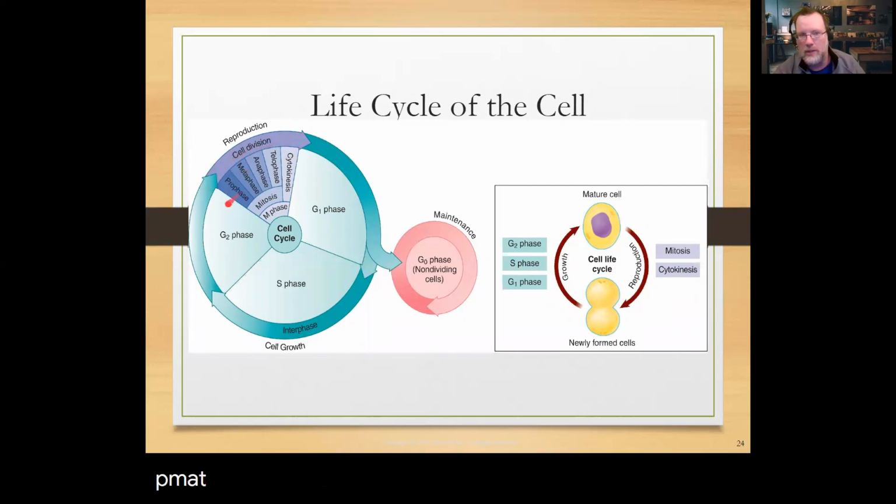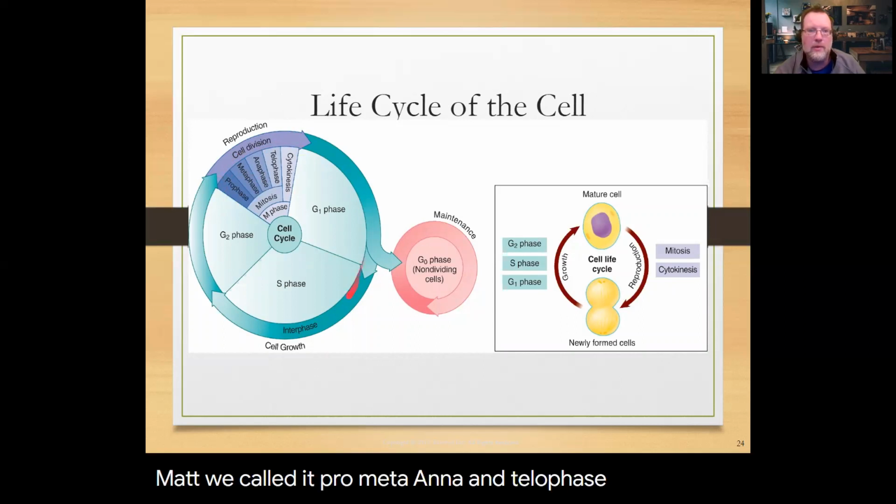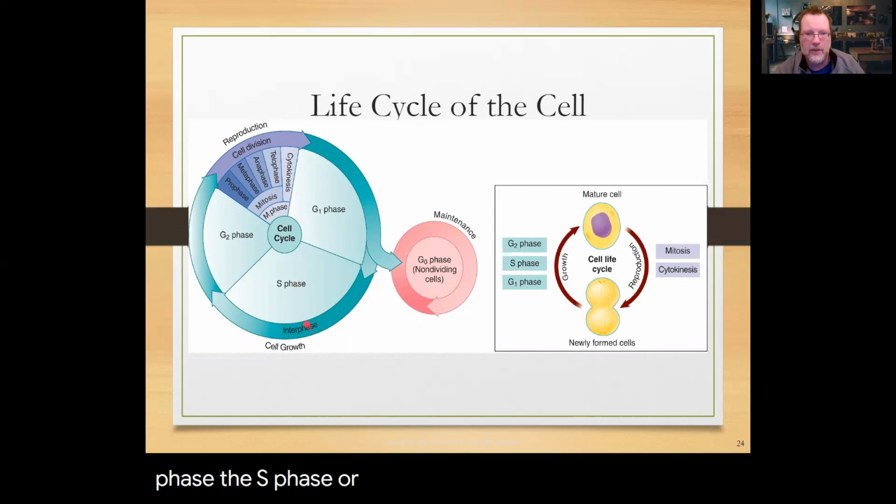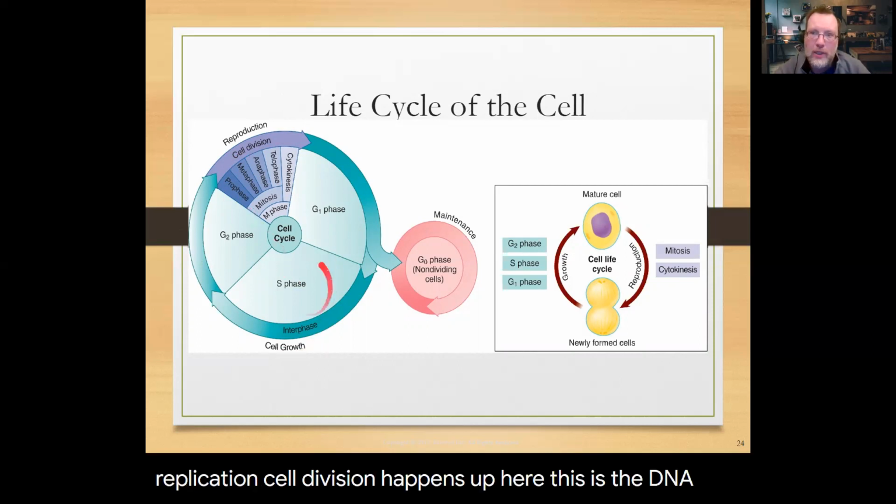PMAT, we called it, pro, meta, ana, and telophase. Remember though, the bulk of the lifespan is spent in interphase, the G1 phase, the S phase, where we have DNA replication taking place, and then the G2 phase. Cell division happens up here. This is the DNA replication phase.